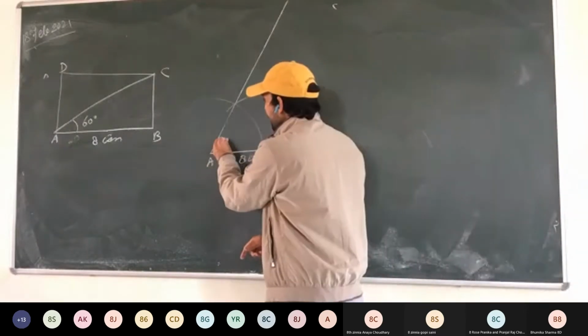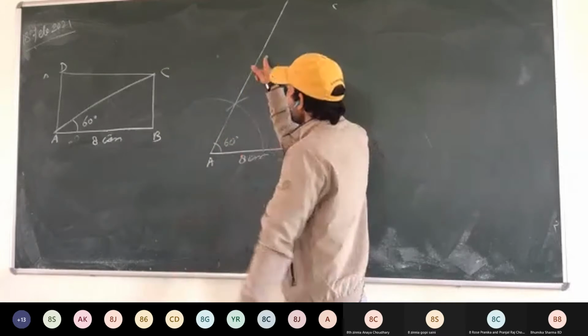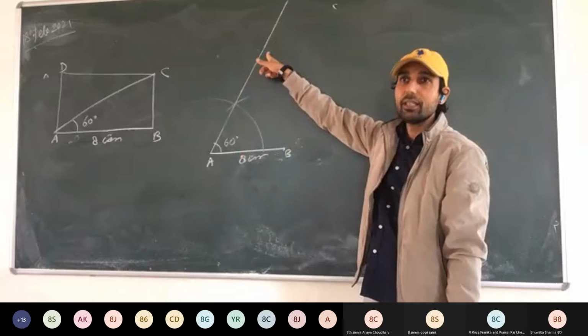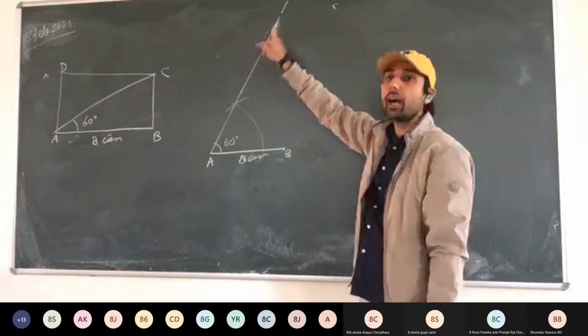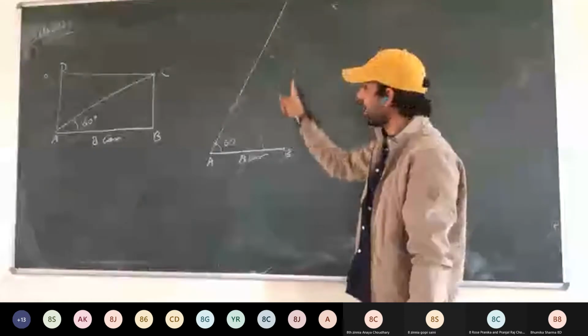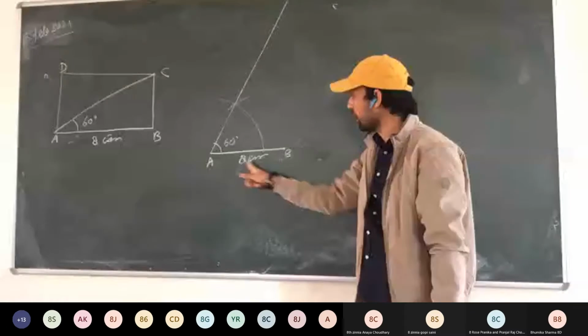So angle BAC is 60 degrees. Now see how to find C. C will be lying somewhere on this line. Draw at B a line perpendicular to AB. We can draw an angle of 90 degrees, and wherever these two lines meet, that will be our C.